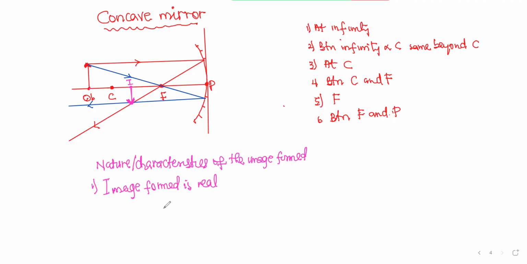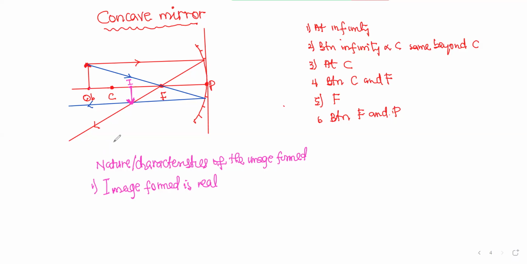The image being real is due to the fact that 1, it is formed in front of the mirror. 2, this image is formed as a result of the actual intersection of these two reflected rays. So when two reflected rays actually meet, it forms a real image.